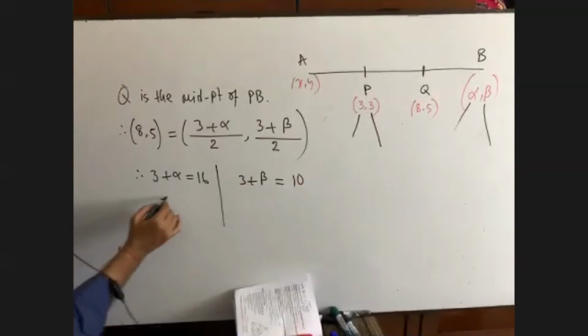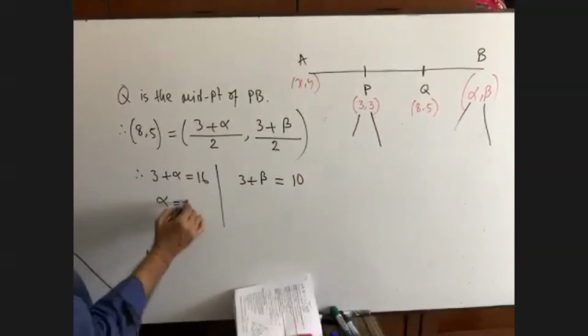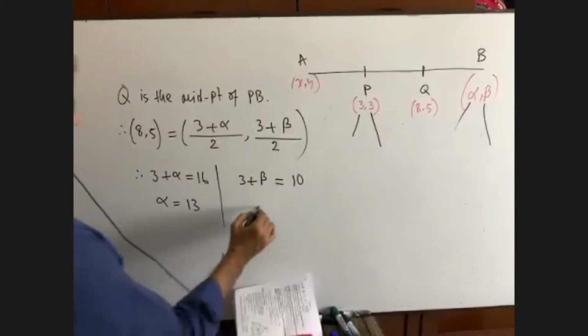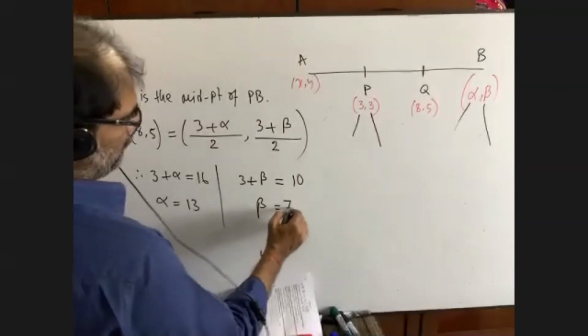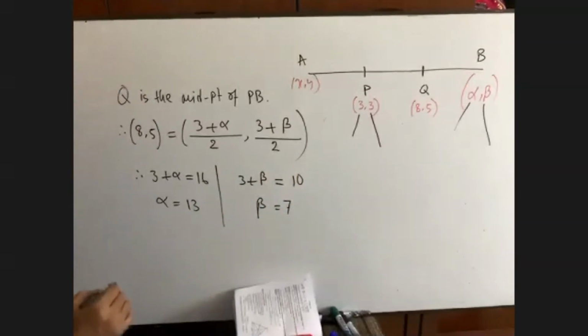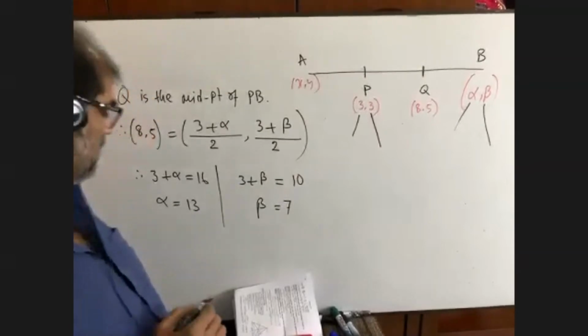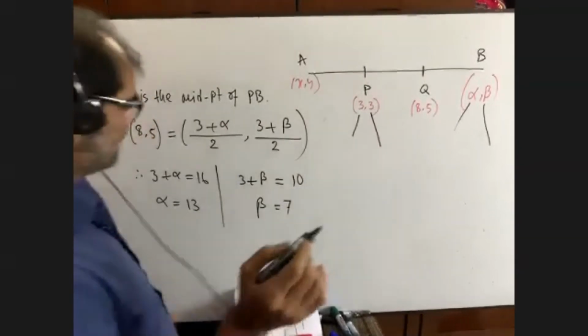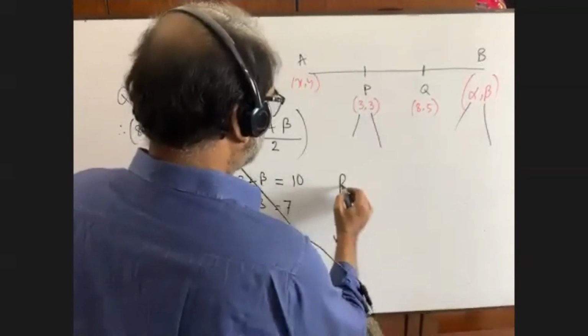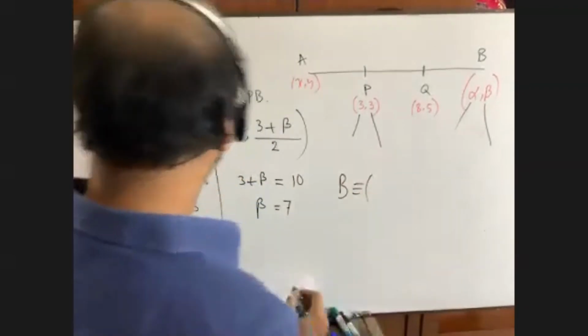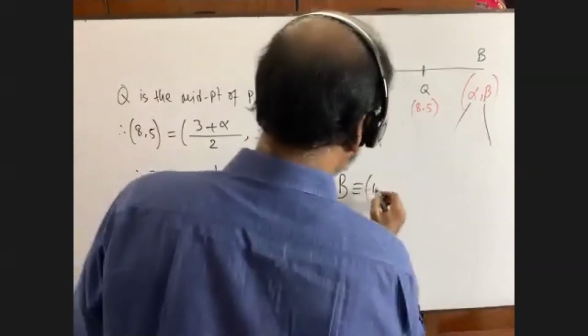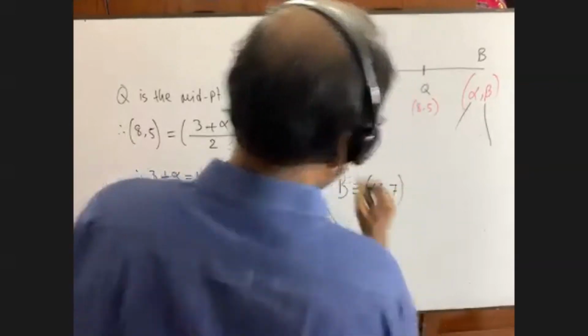So alpha equals 13, beta equals 7. So the coordinates of the point B are (13, 7). Math is done.